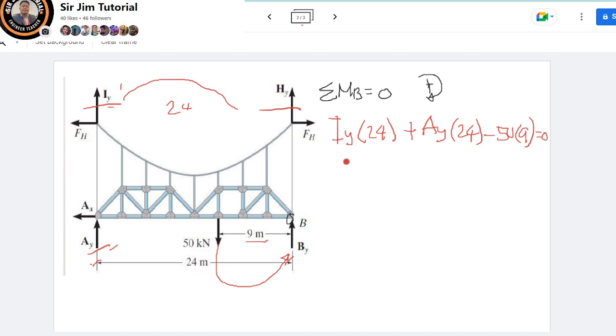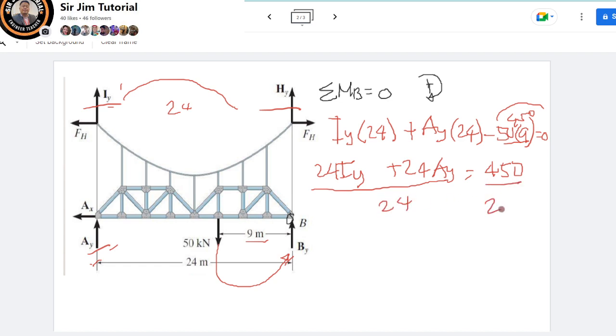So I can have IY 24 and then 24 AY. This one I will put on the right side, from negative becomes positive. So this is just 50 times 9, which is actually 450. Divide both sides by 24.